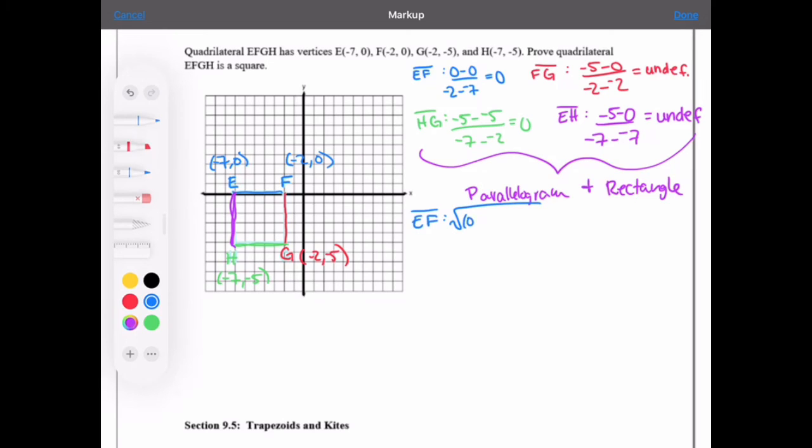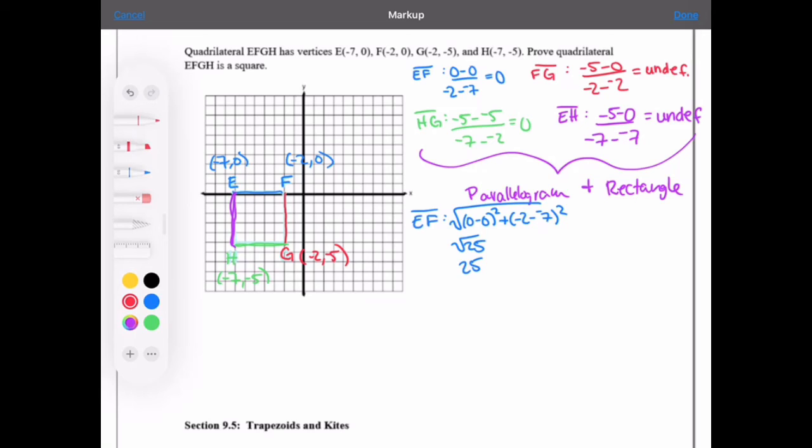We'll get square root of 0 minus 0 squared plus -2 minus -7 squared, which gives us square root of 25, which gives us 5. And if you are forgetting any of these formulas, slope, distance, anything like that, I went over them in yesterday's video. I don't want to do it again and waste your time if you already know them. So if you are looking for these formulas, you can either look them up online or you can look at yesterday's video, which is 9.3, proving parallelograms and rhombuses.